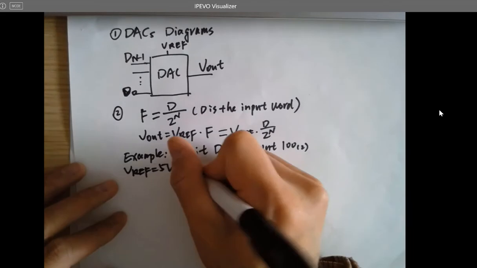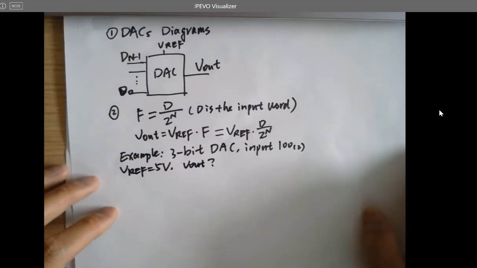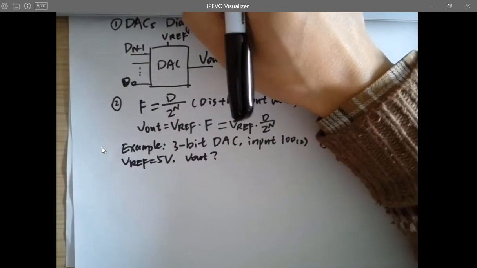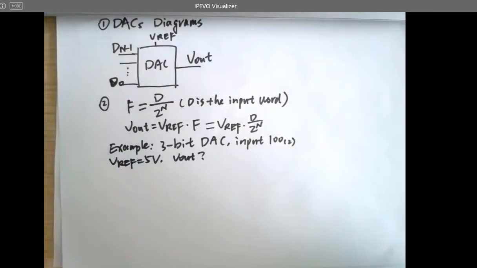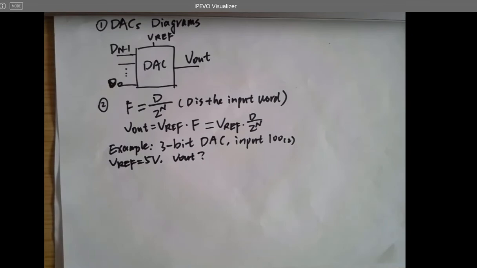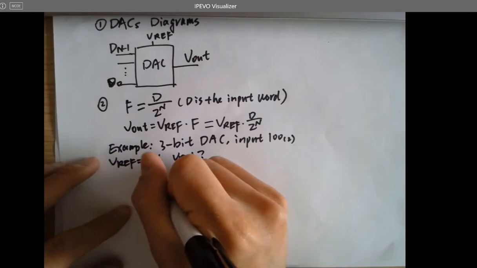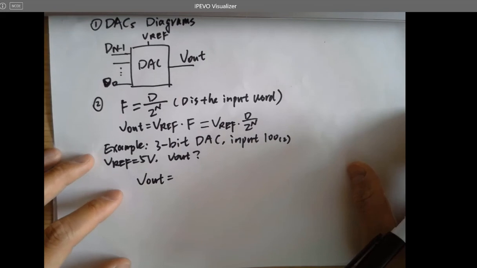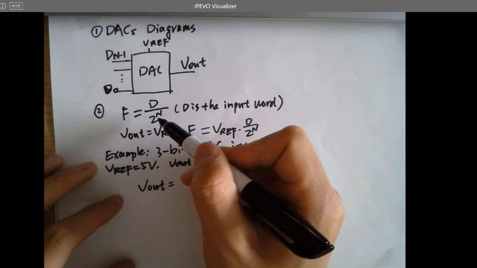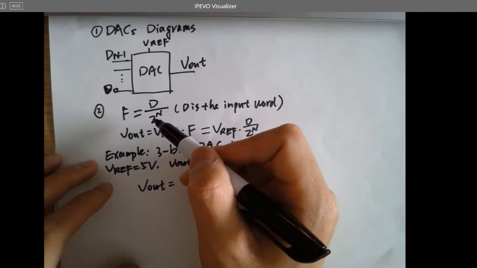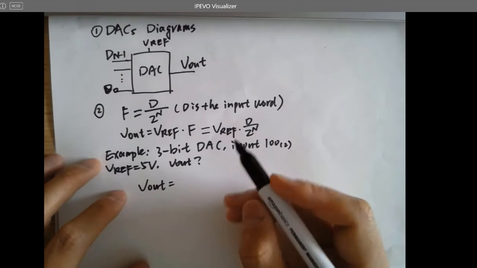So what is Vout? Because totally there are 2 to the nth steps, the voltage per LSB, 1 LSB equals how many volts?